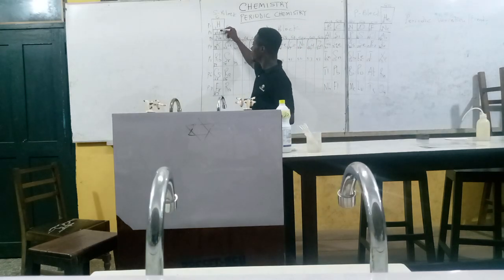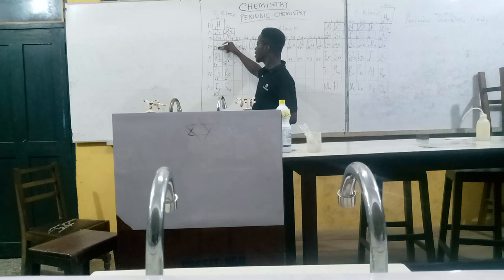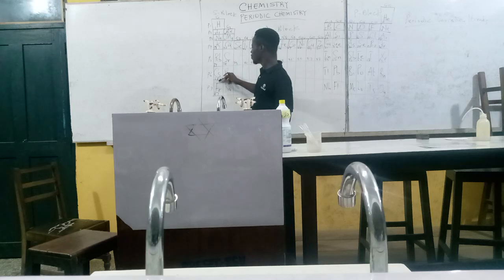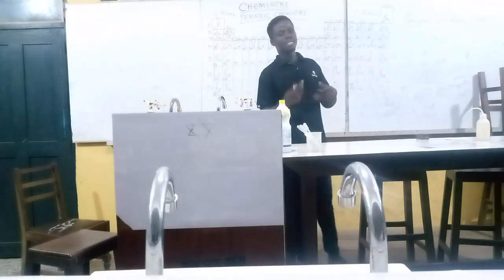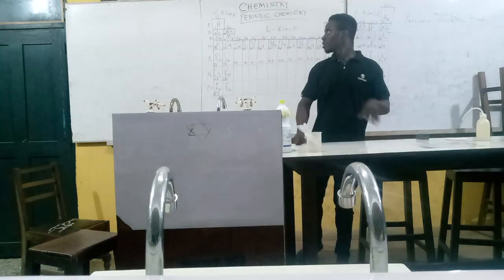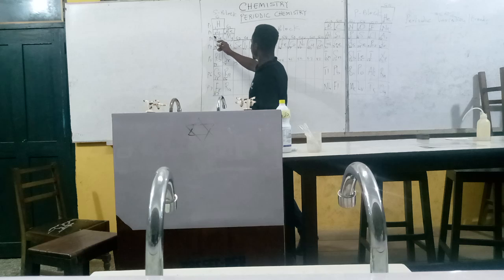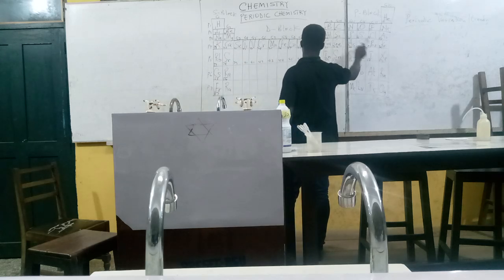So when we are moving down the group, you can see the atomic numbers are being increased. From 1 we move to 3, from 3 we move to 11, to 19, to 37, to 55, to 87. So you can see there is an increment in the atomic numbers. When you want to move from left to right on the periodic table, for instance, sodium, magnesium, aluminum, you can see from 11 we move to 12, to 13, to 14.